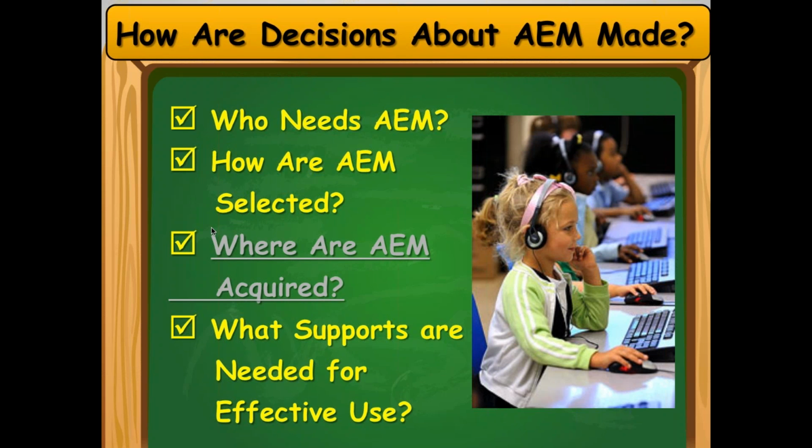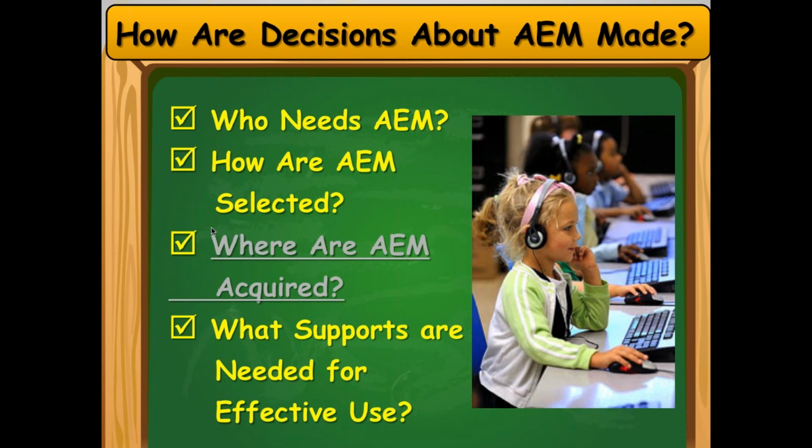So where to acquire? Keep in mind that many students may need more than one specialized format and may need material from more than one source. There are several basic sources that include the following. One is NIMAS that we talked about earlier, the National Repository for the source file.